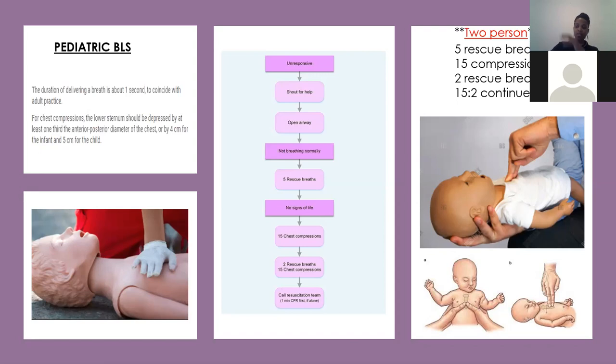The elbow joint has to be locked, the wrist joint has to be locked, and you have to go nice and straight into the chest of the baby, watching for the recoil also. At what rate? At a rate of 110 to 120 per minute. So 1, 2, 3, 4, 5, 6, 7.